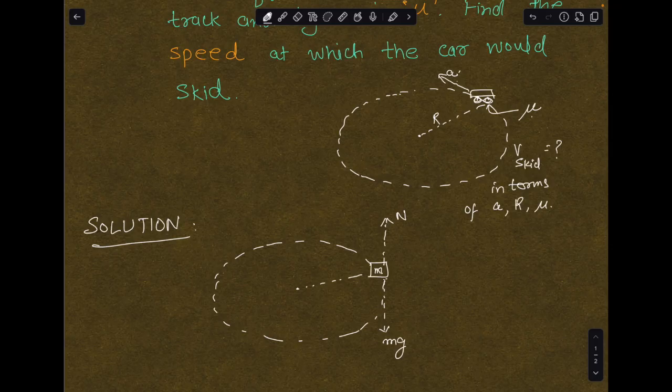We are also told that there is a tangential acceleration involved. So the only other force that could act on this car is friction. So the forces on the car are mg, n, and friction.